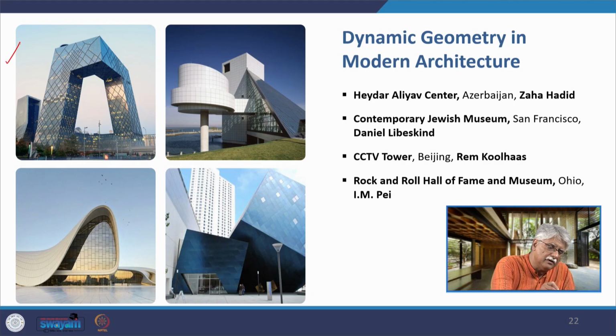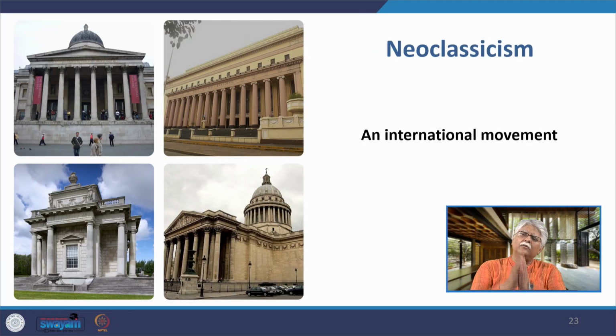For example, in the CCTV headquarters, the tower in Beijing built for the Olympic Games by Rem Koolhaas, the Contemporary Jewish Museum in San Francisco, the Rock and Roll Hall of Fame and Museum in Ohio by I. M. Pei, and the Heydar Aliyev Center by Zaha Hadid in Baku, Azerbaijan. This reflects dynamic geometry.